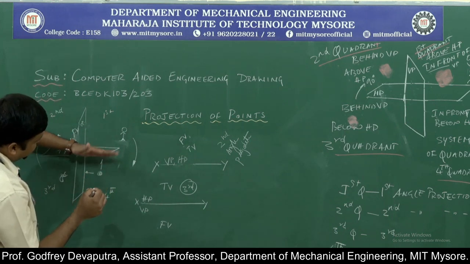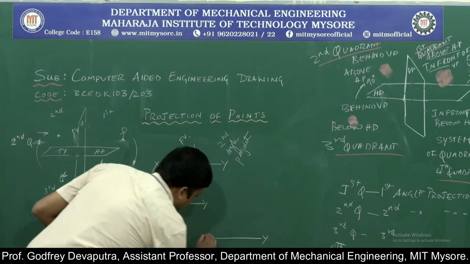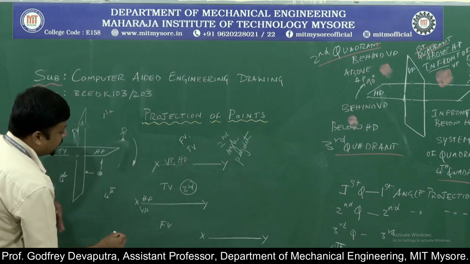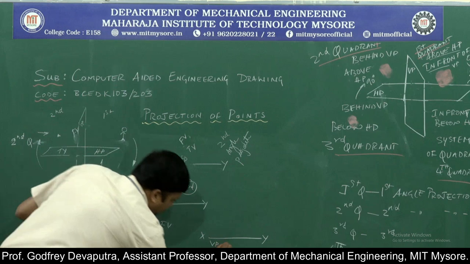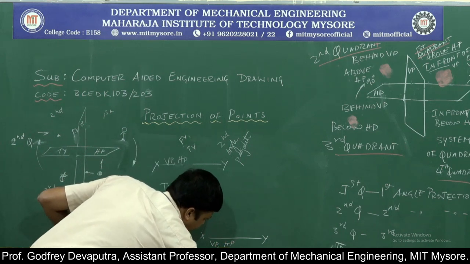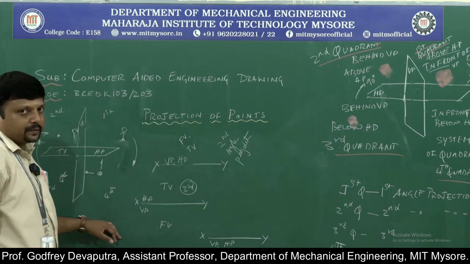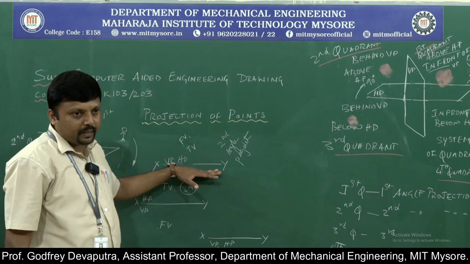When I tilt the horizontal plane like this, the XY line appears here, VP is already below the XY line, and HP is also getting tilted, so HP also comes below. Therefore both the front view and the top view appear below the XY line. As you can imagine, this is the reversal of the second angle.